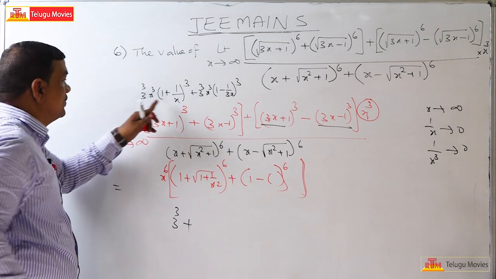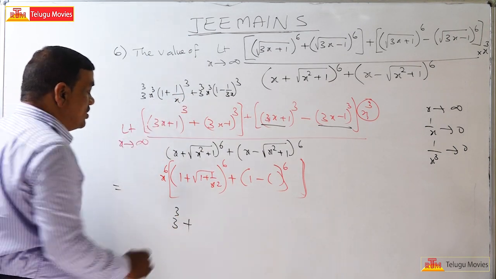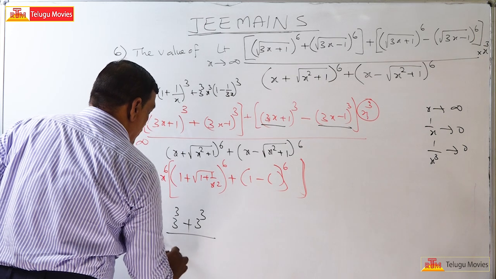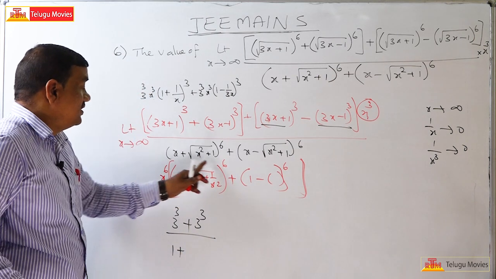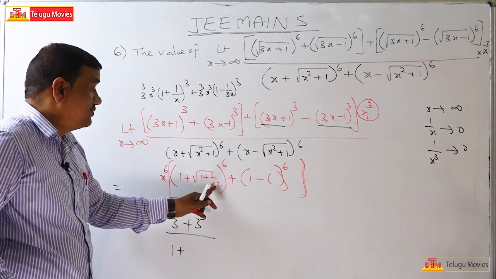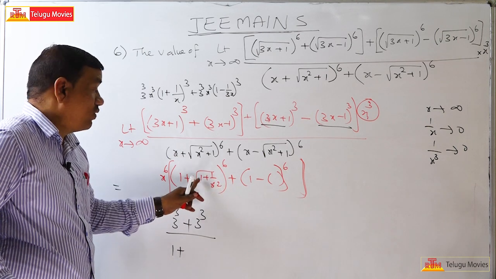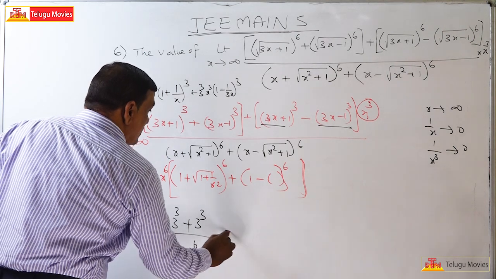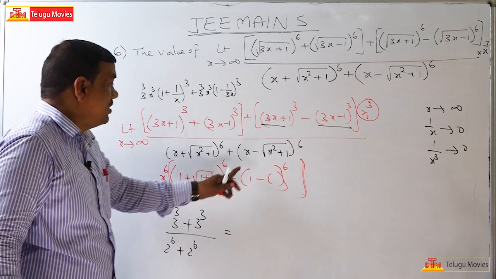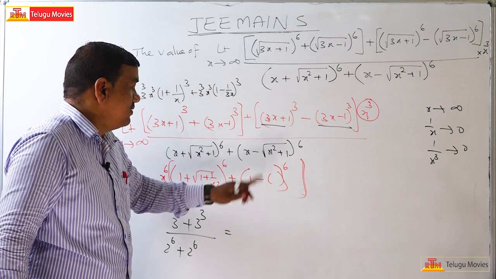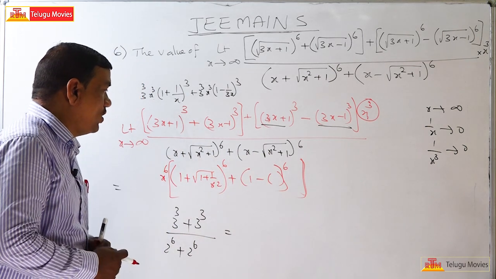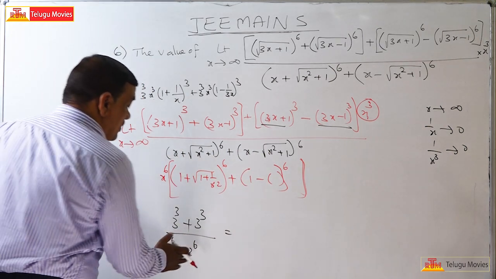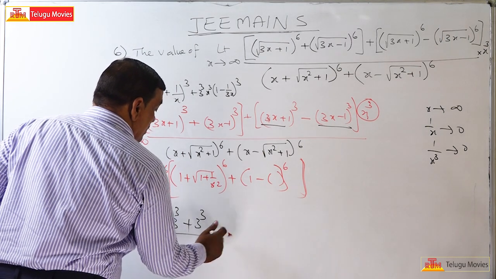3 cube. This will become 0. This also 3 cube by 1 plus, this is equal to 1 plus 1, this is 0, 1 plus root 1, that means 2 power 6. Only 2 power 6 will come. Understand?